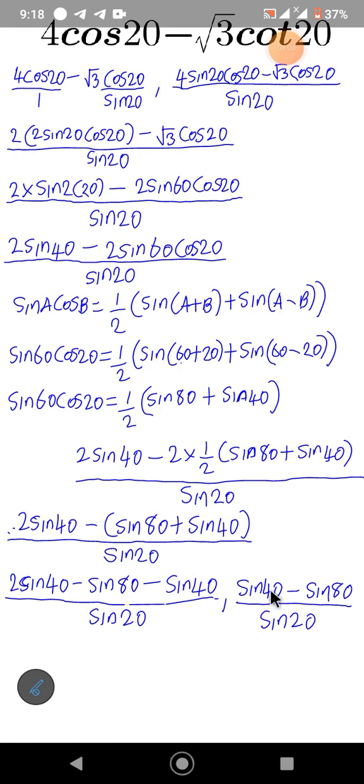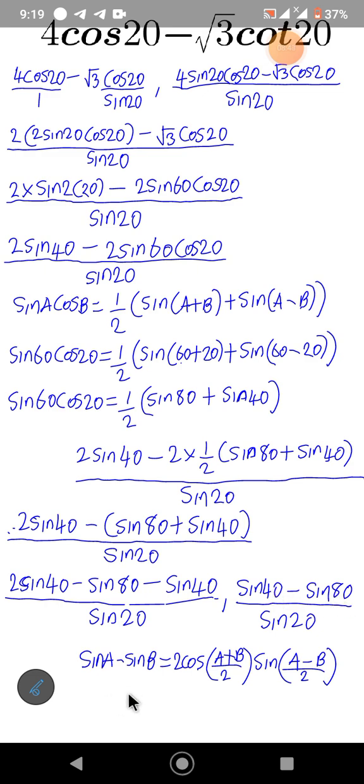The sum to product identity states that sine A minus sine B is equal to 2 cos, open bracket, A plus B all over 2, close bracket, sine again, A minus B all over 2. Now, my A is 40 while my B is 80.